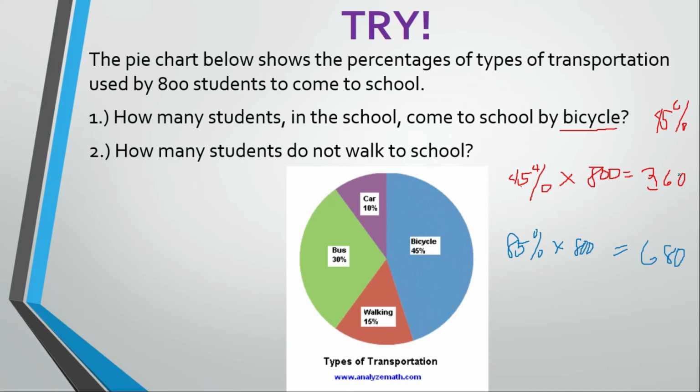So, that's the number of students who do not walk to school. So, they use bus, car, or bicycle. Yan. So, that's how you compute for the number of students in a pie chart. Use your knowledge on the percentage, base, and rate.